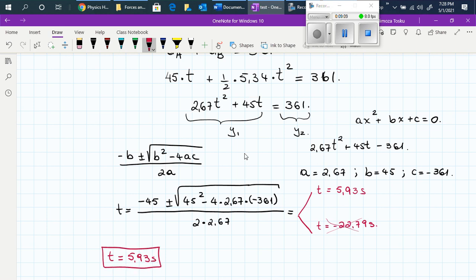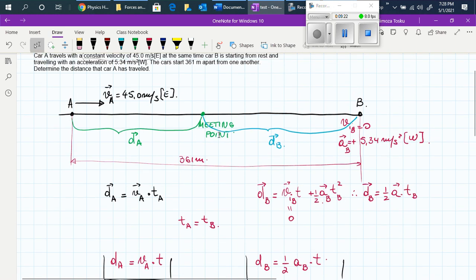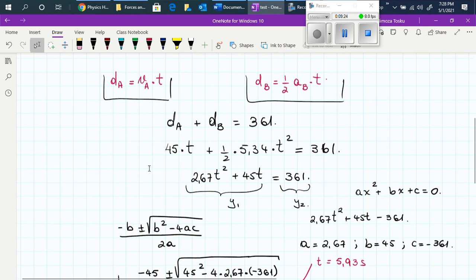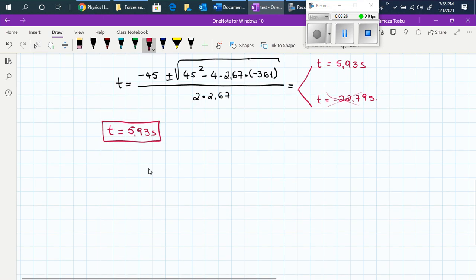However, the question doesn't end here, because it is asking what distance car A is traveling. So you will take car A's constant velocity of 45 times 5.93 seconds.